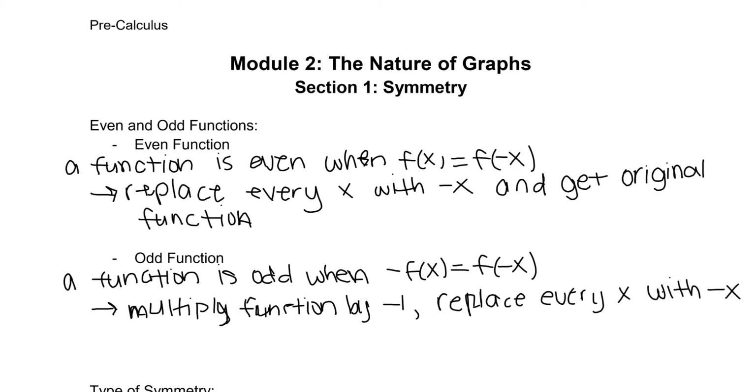And if those are both the same, then it's odd. So for a function to be odd, multiplying it by negative 1 is the same thing as replacing every x with negative x. They both end up being the same.